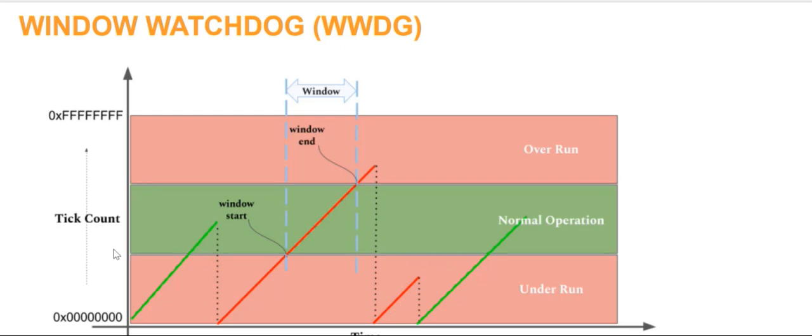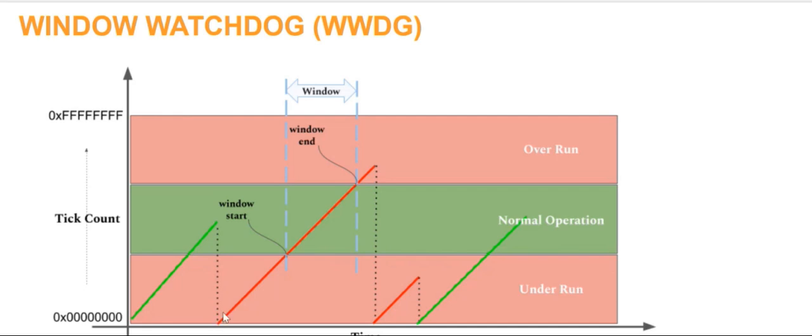So in window WatchDog, what should happen? My refresh should happen within 5 millisecond to 8 millisecond. Then only is a proper WatchDog refresh counted. If my refresh happens below 5 millisecond, like in this case, then a reset occurs.